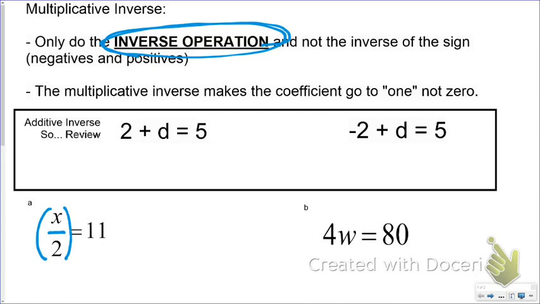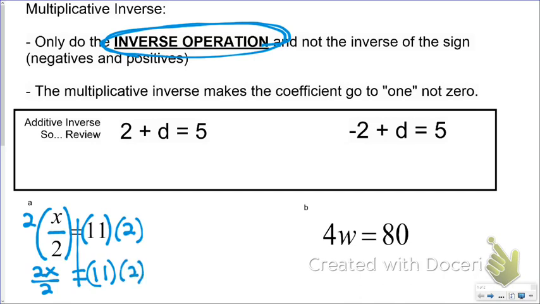So to cancel out x divided by 2, I'm going to do x multiplied by 2. So this is basically what happens. And by the way, whatever I do to one side, I have to do to the other, right? So I better multiply the other side by 2 as well. So this is what you get. You've got 2 times x divided by 2, right? This is what we had here, 2 times x divided by 2. And then on the right, you have 11 times 2.